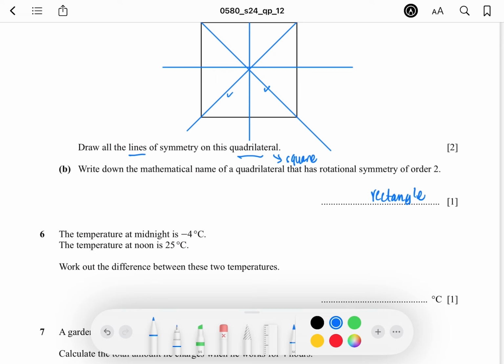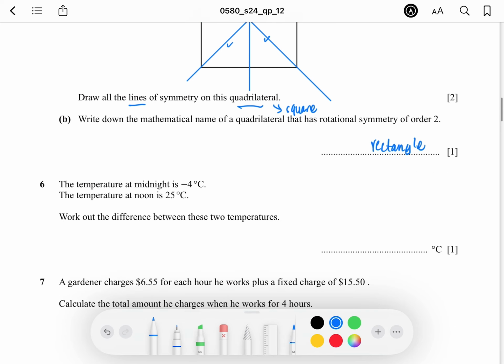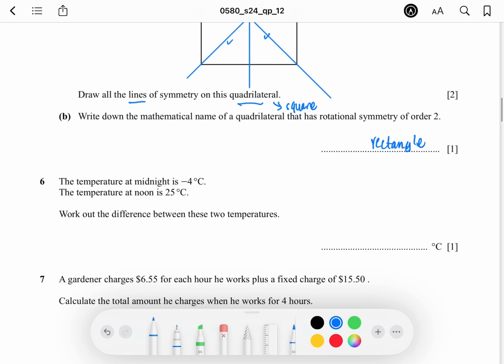Apa? Okay nanti kamu bagi tahu teacher apa lagi. Kenapa triangle dah dapat diterima? Kenapa triangle? Quadrilateral shape yang ada 4 sides.